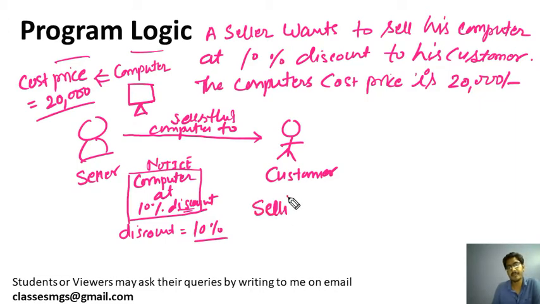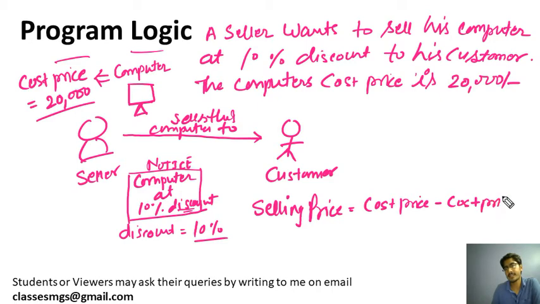Selling price equals cost price minus cost price into discount divided by 100. I do not have space here, so I am writing it here. This is how it is written.